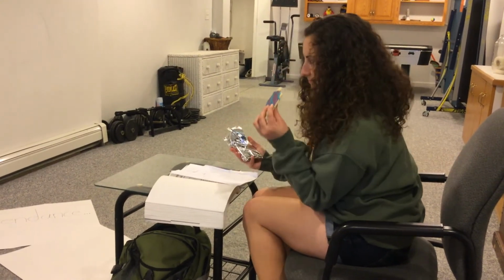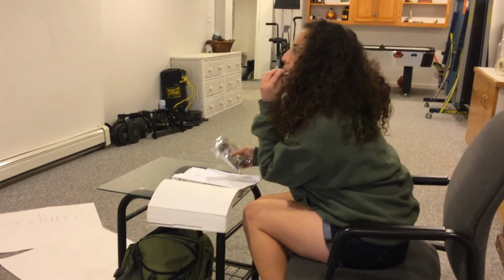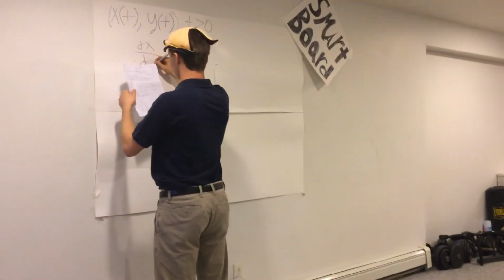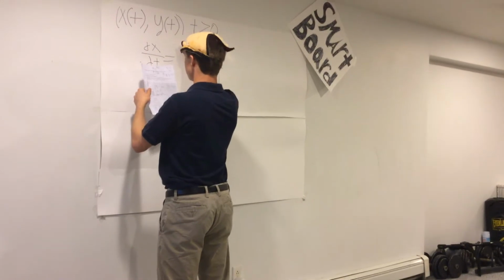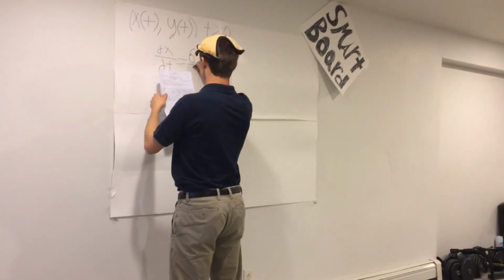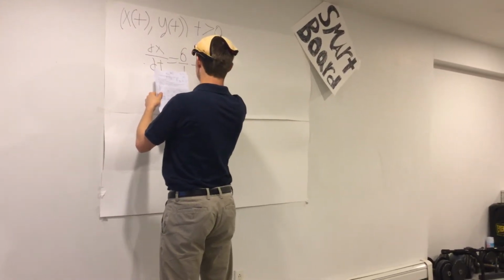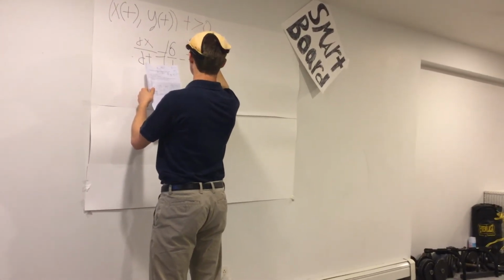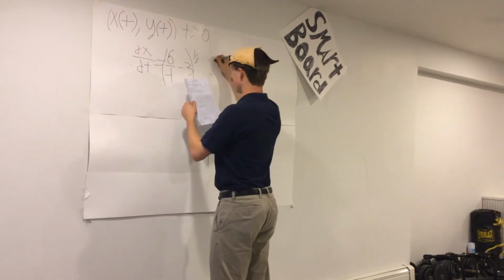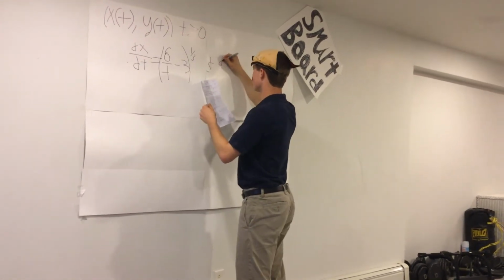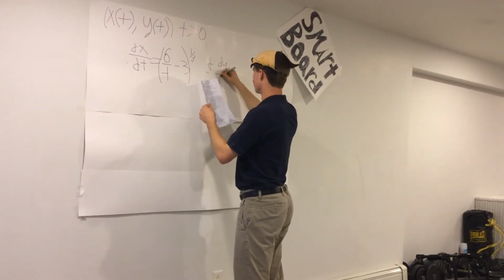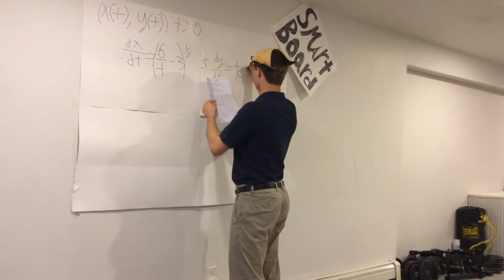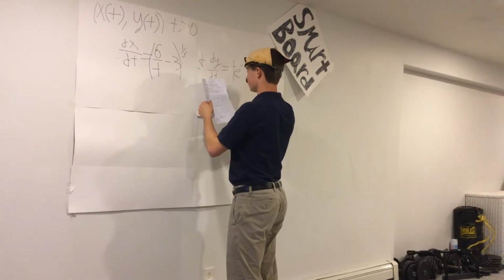At time t, dx/dt equals 6 over t minus 3 to the 1/3, and dy/dt equals t e to the negative t.